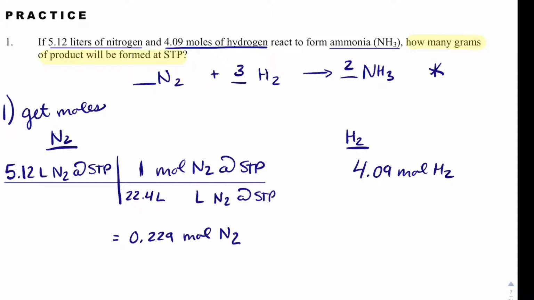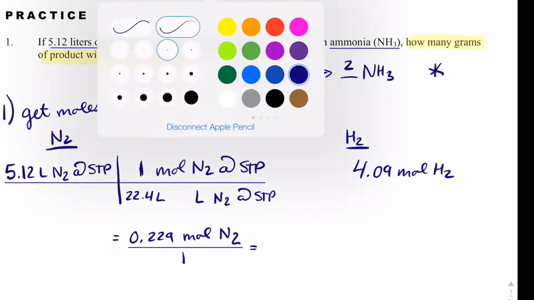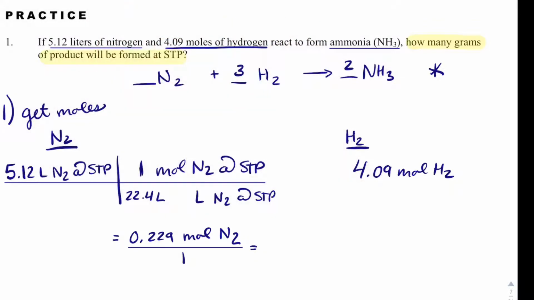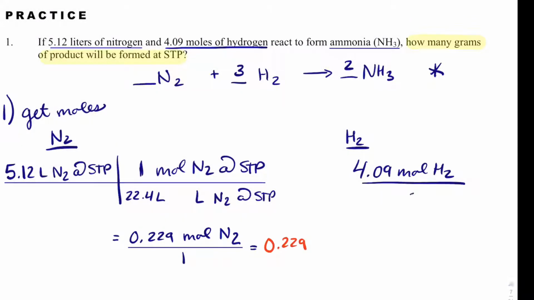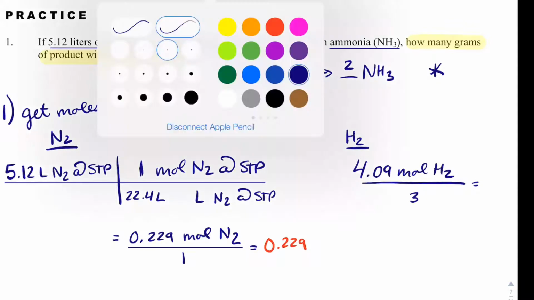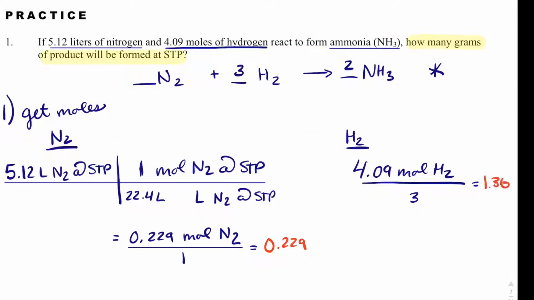And so my next step is I'm going to divide by the coefficient. The coefficient of nitrogen is 1. So what I end up getting is 0.229. And then I'm going to divide hydrogen by 3, and I get 1.36.